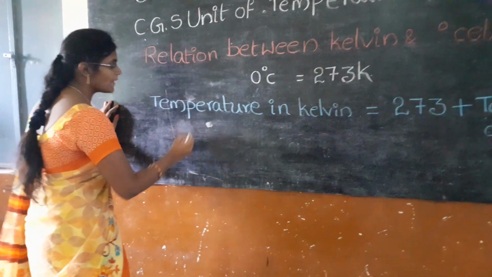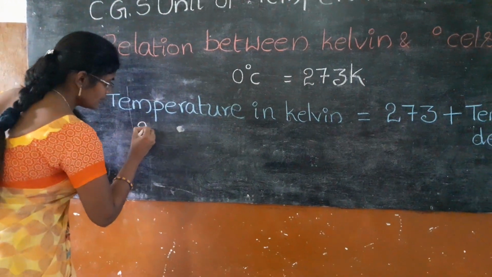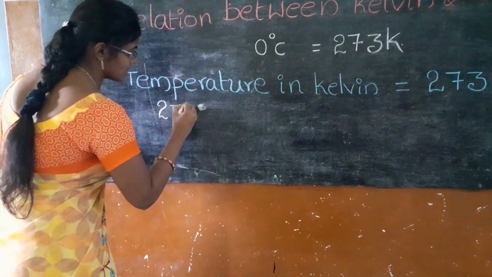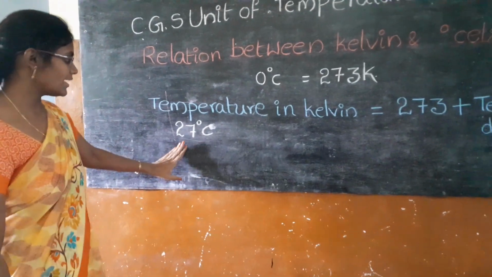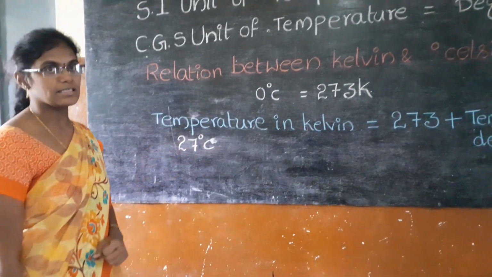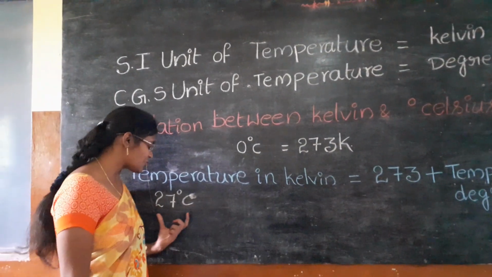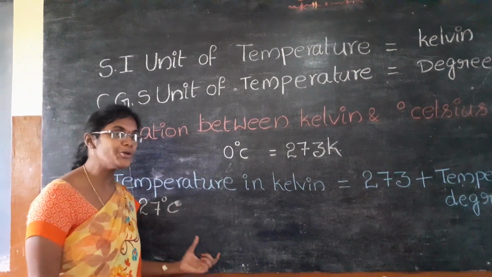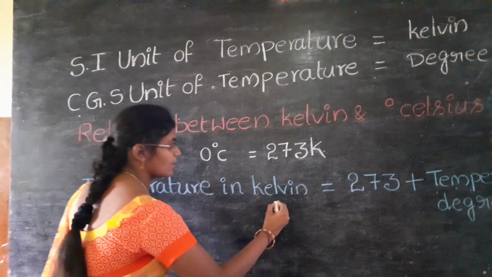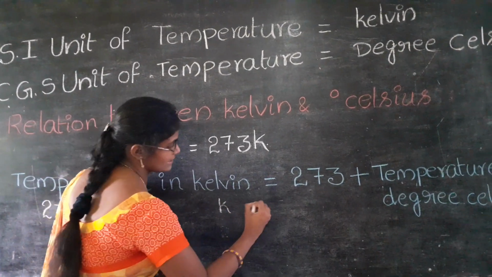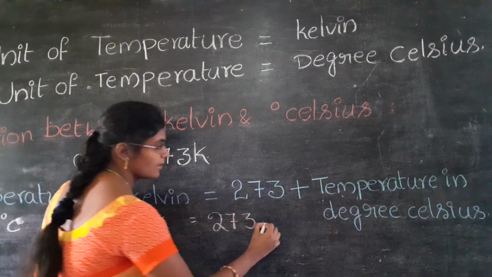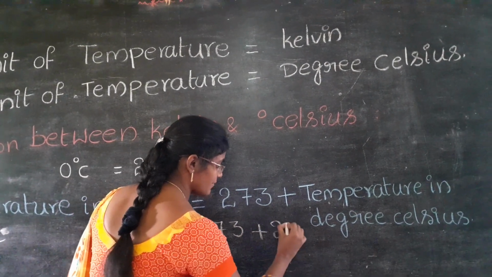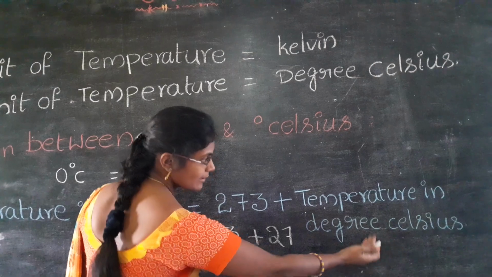Look here now. Take 27 degrees Celsius. Now I am converting this 27 degrees Celsius into the Kelvin scale. Kelvin is equal to 273 plus 27, the temperature in degree Celsius.